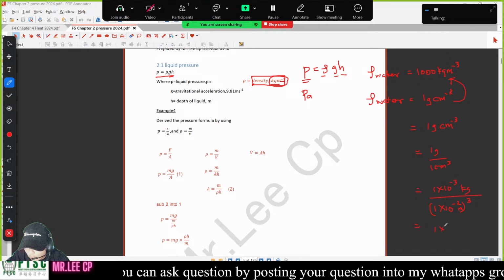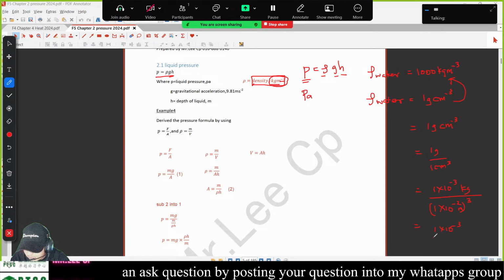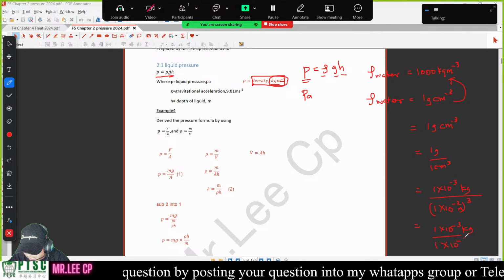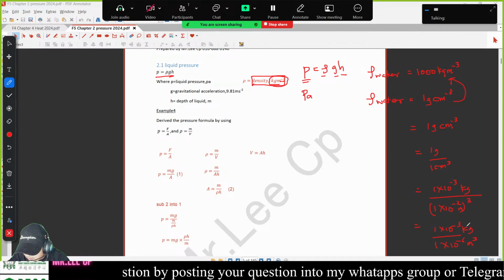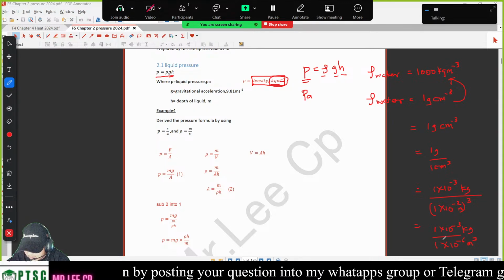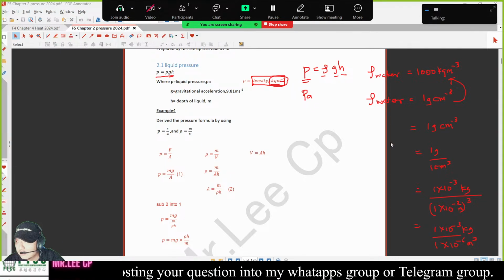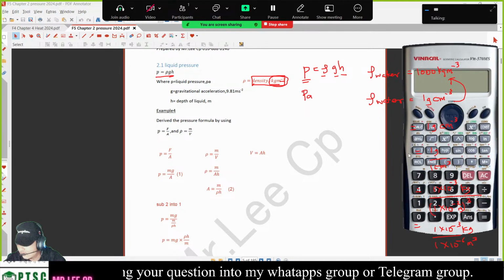So 1 times 10 to the negative 3 kg divided by 1 times 10 to the negative 6 meter cube gives 1000. You can press it in the calculator.